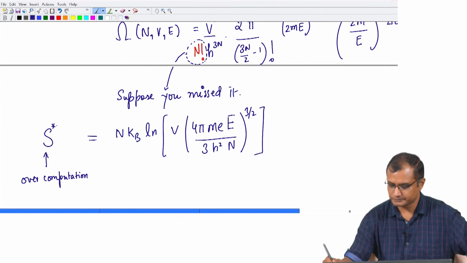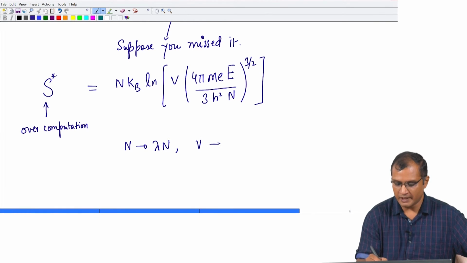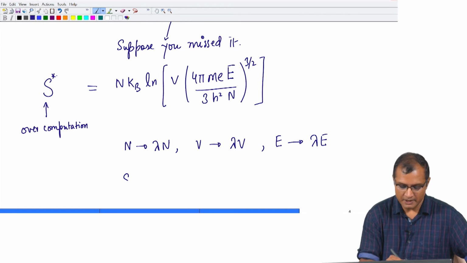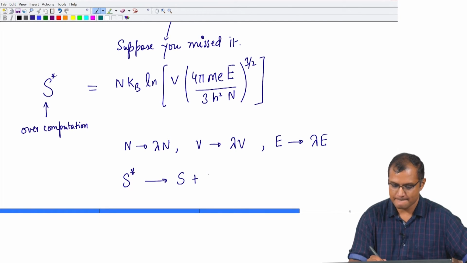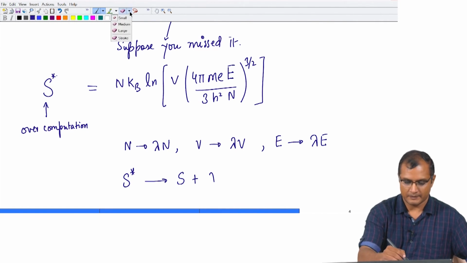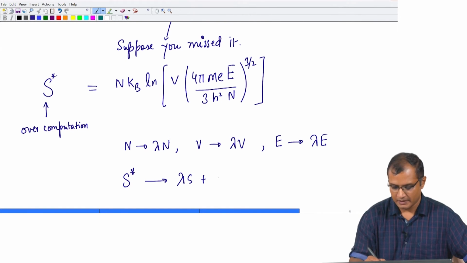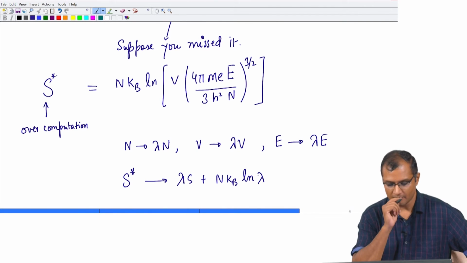Now, you can see that your entropy is not extensive, in the sense that if I scale N by lambda N, volume by lambda V and E by lambda E, my overall entropy S star is scaled to lambda S plus N k_B ln lambda, because E by N does not matter.